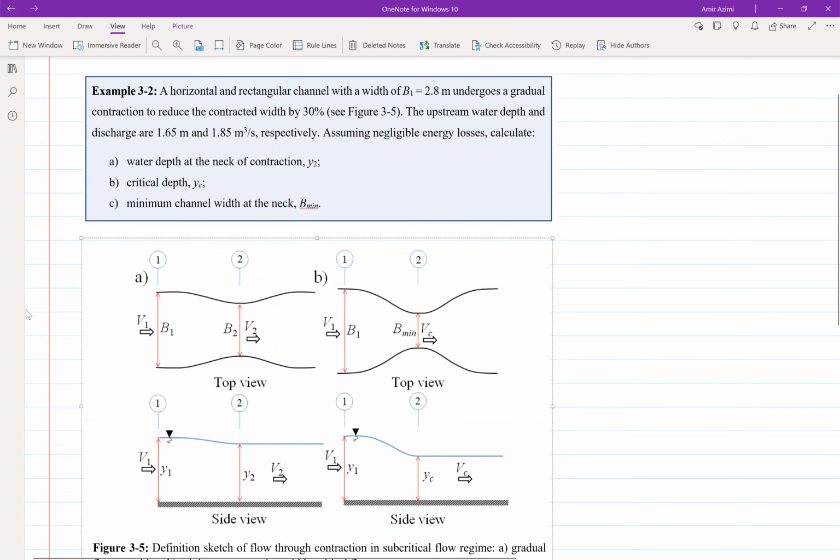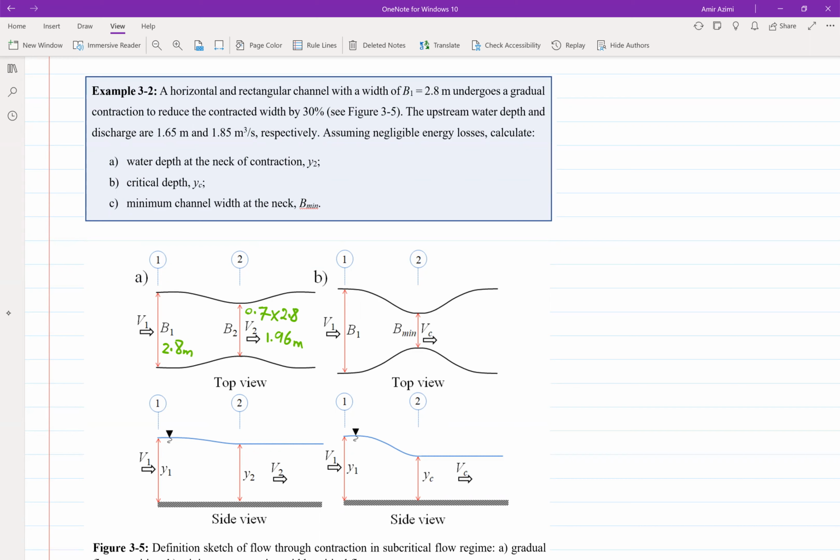The initial width of the channel is 2.8 meter, and then it is reduced by 30%. So B2 is going to be 0.7 times 2.8, which is 1.96 meter.